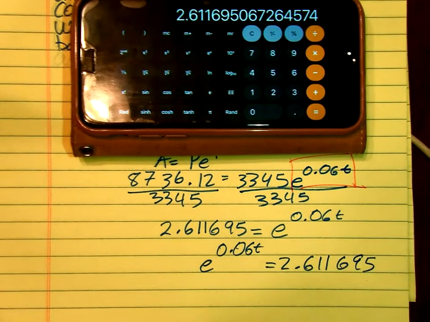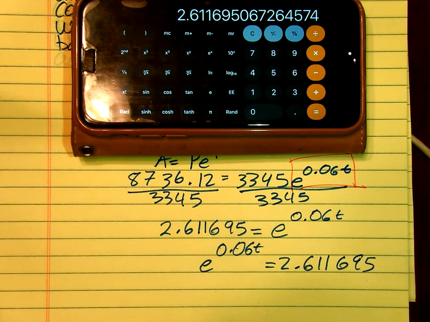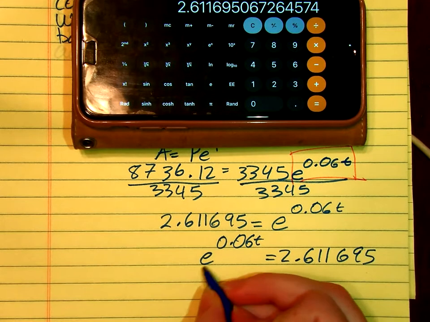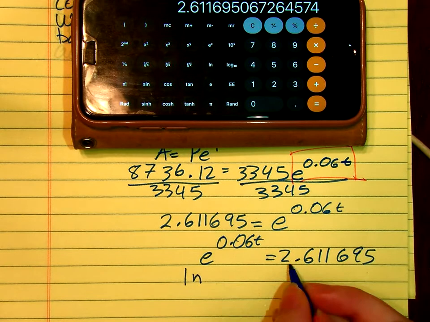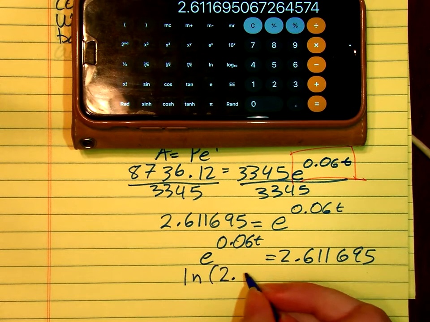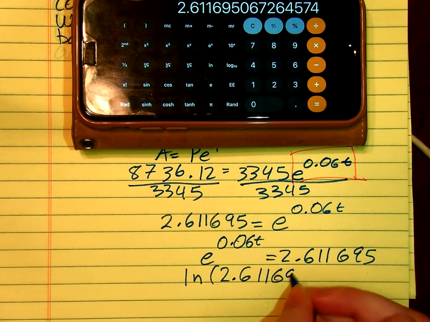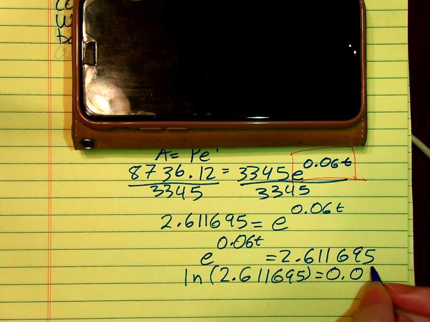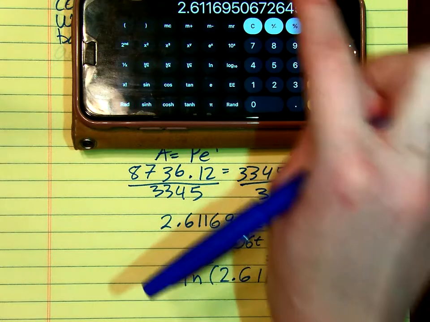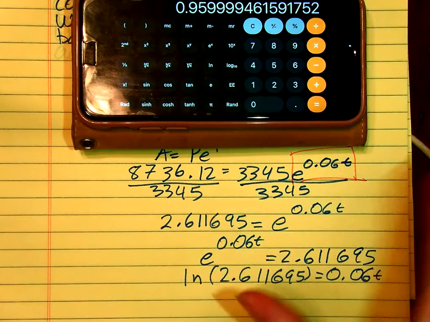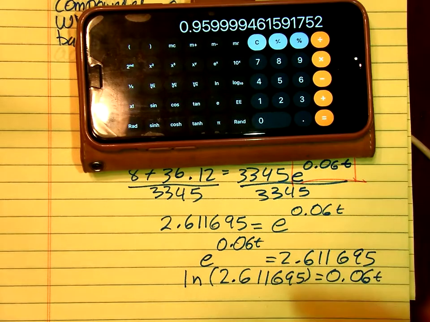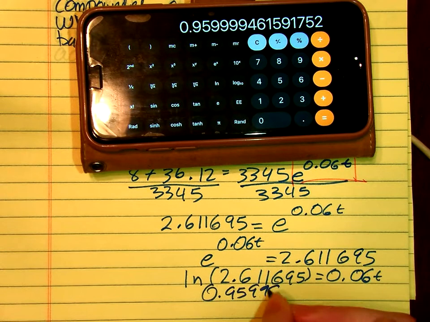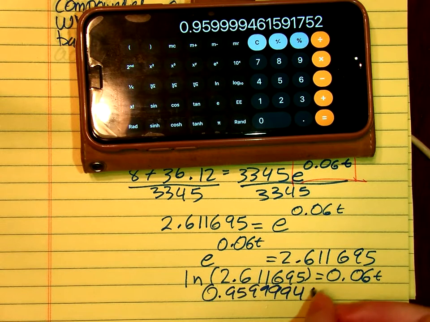Alright. Now we're going to go ahead and turn this into a log equation so I can actually solve for it. So I get first natural log of 2.611695 blah blah blah equals 0.06t. So I'm going to go ahead and take the natural log of this, and I get 0.959999 going on 46.